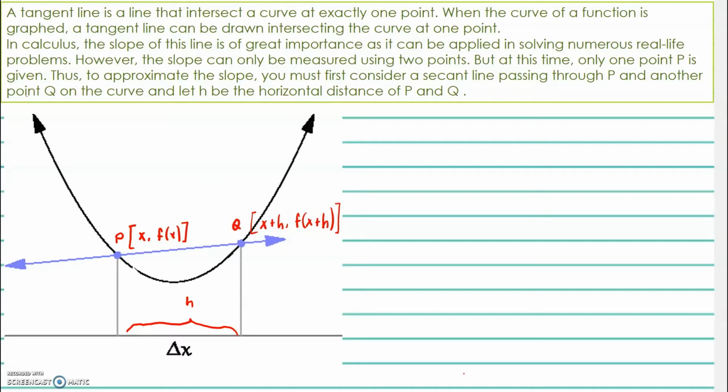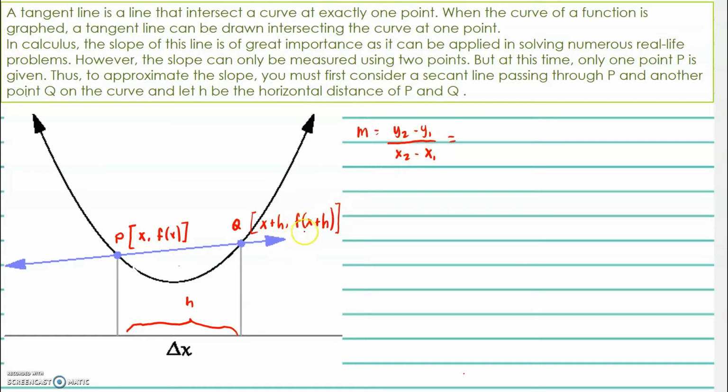Now we said a while ago that we need 2 points on the graph to compute for the slope. Okay, so now we have here secant PQ passing through points P and Q on the graph. So let's find the slope of our secant. So we have m here is equal to y sub 2 minus y sub 1 over x sub 2 minus x sub 1.